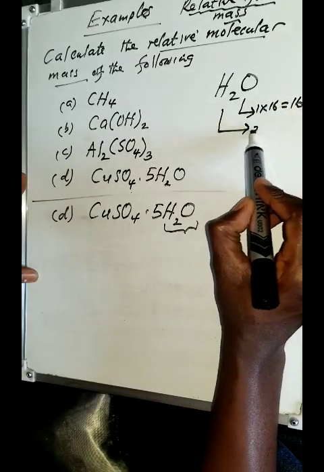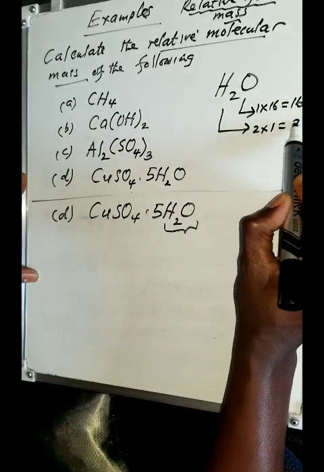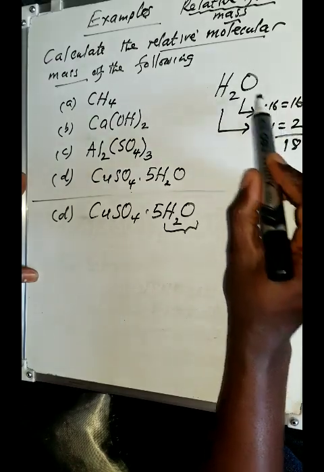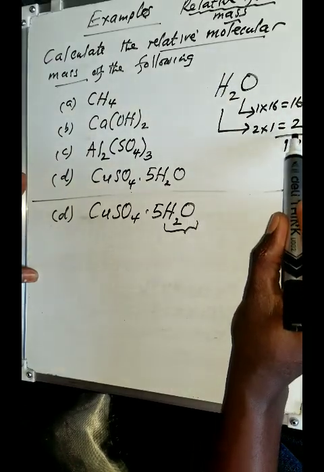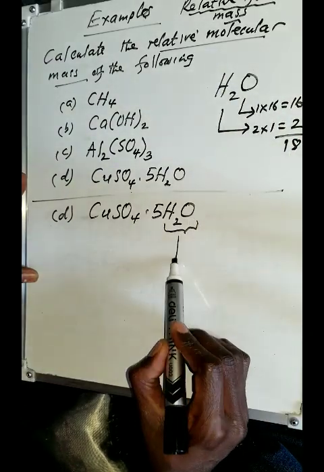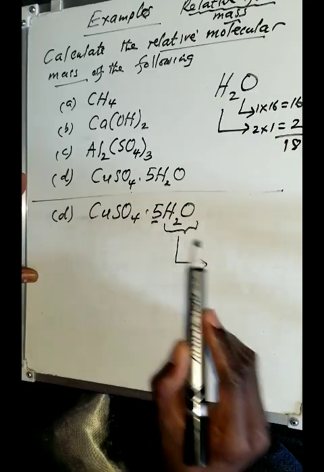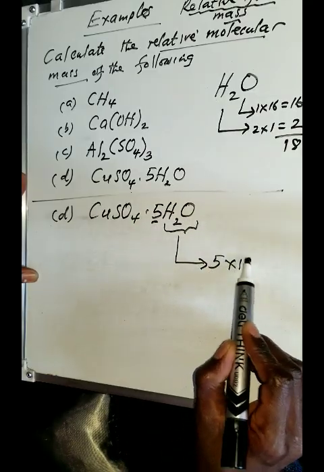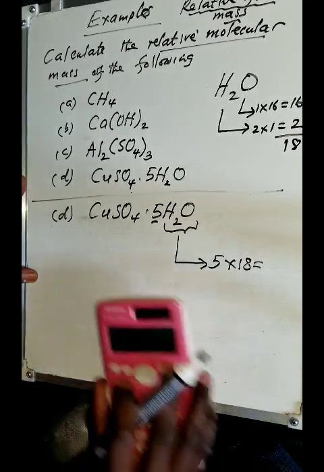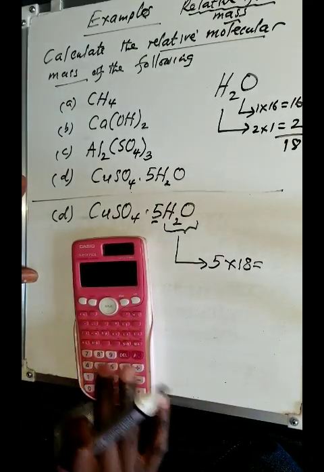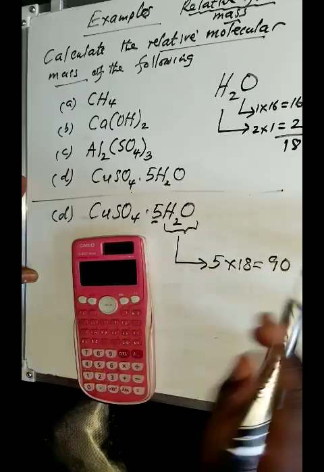For hydrogen, there are 2 atoms times 1, which will give you 2. So for H2O alone, water, it has got an Mr of 18. Now here, the water can be treated as 1, but how many H2O do you have? You have got 5. So you can say 5 multiplied by 18. That's the simplest that you can do. So it will be 5 times 18, that is going to give you 90.